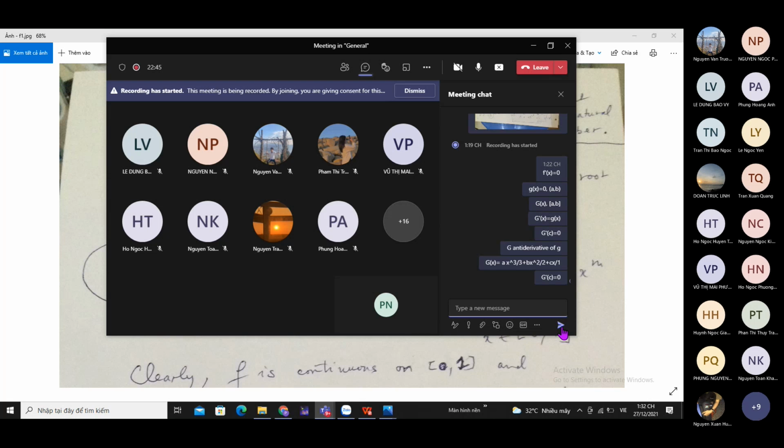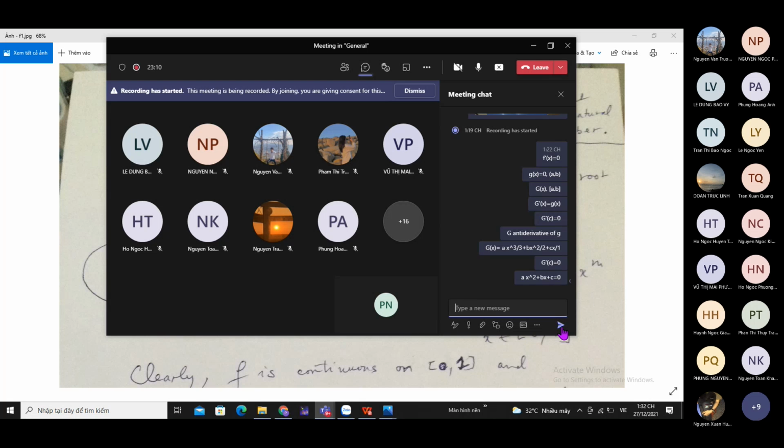It means c is a root of the quadratic equation ax squared plus bx plus c equals 0, because the derivative of the function G gives you ax squared plus bx plus c, right?